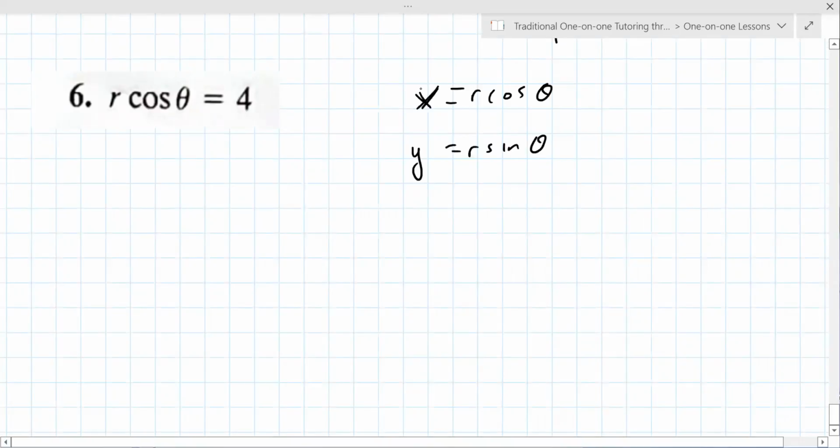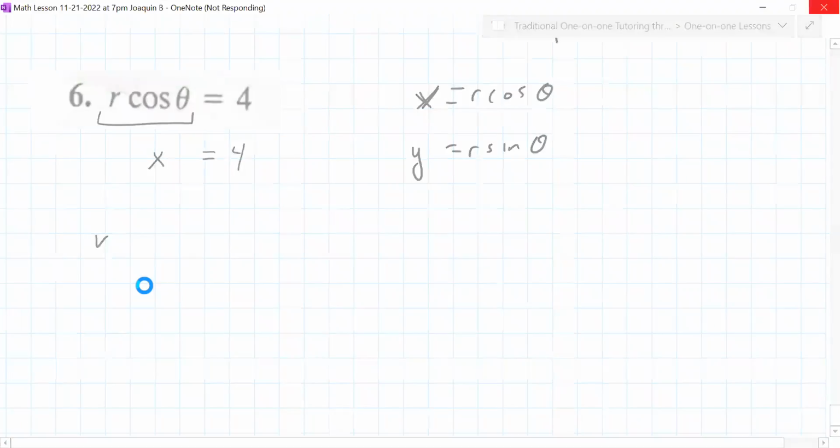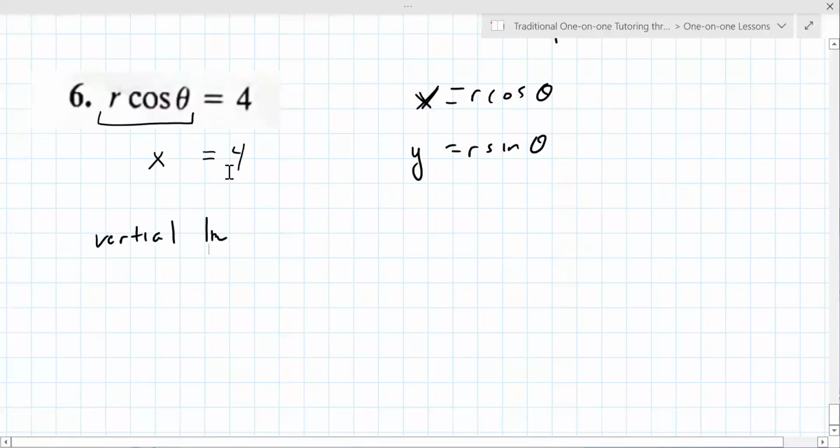It's good to write them each time you work through this, so they get committed to memory. So you can see here that this r cosine theta is really x. x equals 4, which is a vertical line. x equals a number is always a vertical line. Sorry, my screen just stopped responding. Technical problem. Okay, vertical line. And then x is always 4.